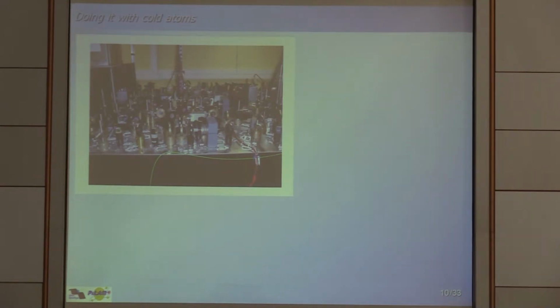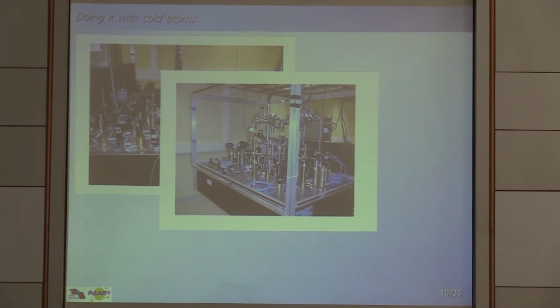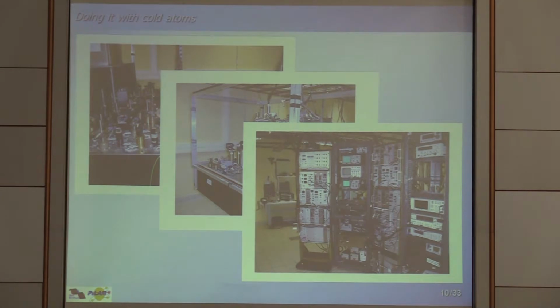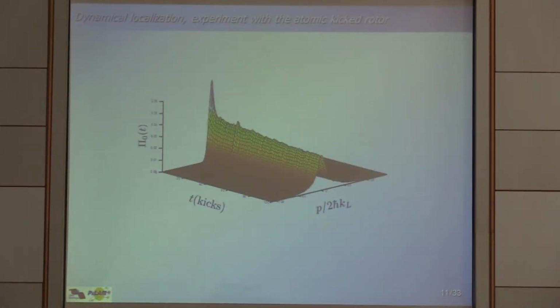Now, this is the real experiment with cold atoms, so it's much more complicated, but it's still a simple experiment compared to many others. These are some views of the experimental system. If you just apply kicks and measure the momentum distribution, we started with, this is experimental, a Gaussian, the thermal distribution in momentum, and then you let it evolve.